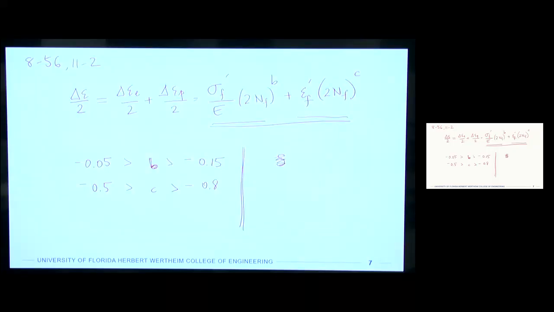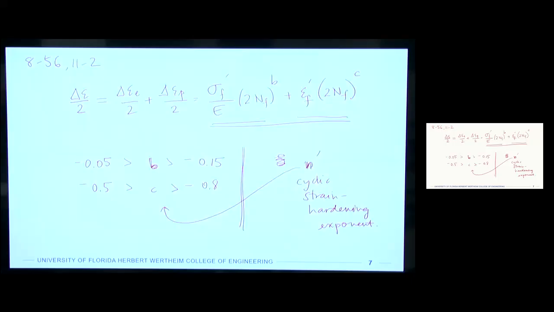We had this exponent n prime, which was a cyclic strain hardening exponent. And this is way back in chapter 3. So it would be helpful if we could use that same strain hardening exponent and see how it relates to these exponents here, so that we don't have to be looking up B and C and N and S and all of these things.